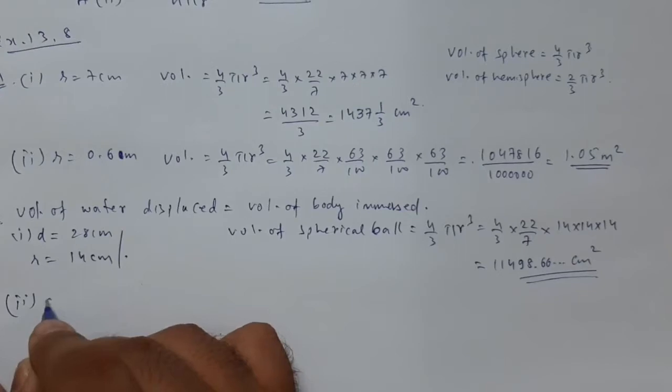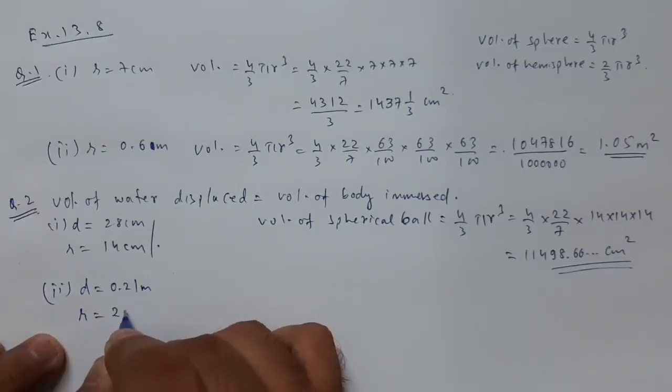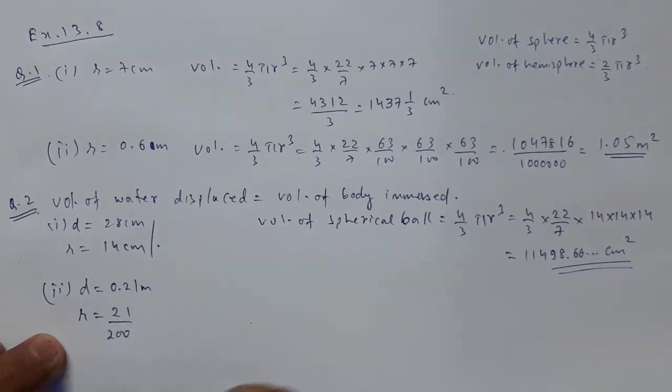diameter is given to you 0.21 meter. So radius is equal to 21 by 200. We can take 100 to remove the decimals and divide by 2 to convert it from diameter to radius.